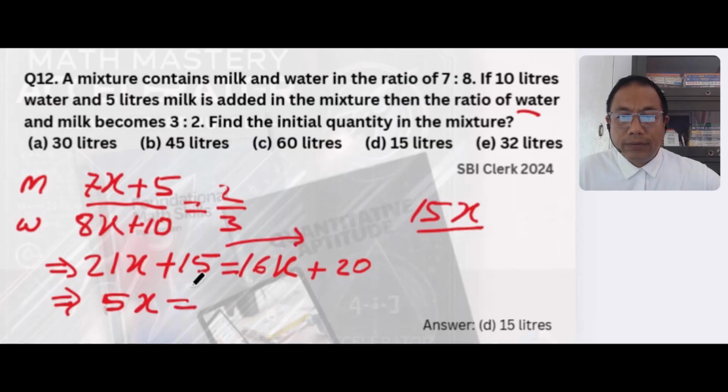Well, 20 minus 15 is 5. X is equal to 1. Put it here. This value is 15. Final answer is 15. It's 15. D is the right answer.